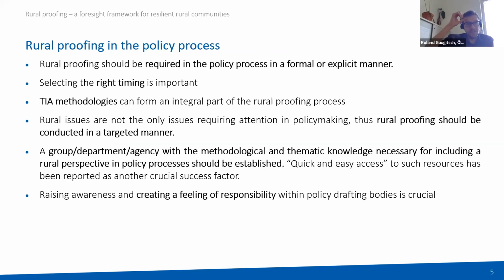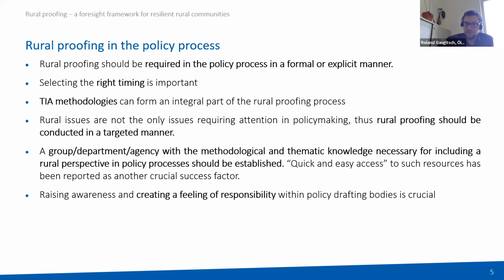A lot of the recommendations we got out of the study are obviously very similar to what you have been discussing the last time. So rule proofing has been successful when it was required in a formal or explicit manner, when it was applied at the right time in the policy process, when it was targeted.